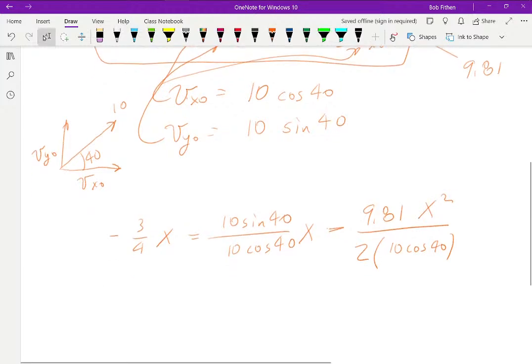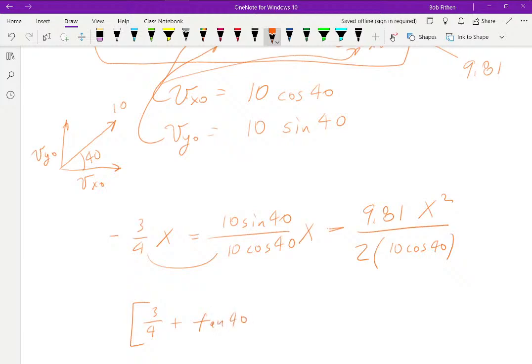Now, first thing you see is there's no constant term. So therefore, I could put these two together. I could just say 3/4 plus, this ends up being tangent of 40 x. So I move this one over here. I leave a 0 over here. Minus 9.81 over 10, 2 cosine 40 x squared.